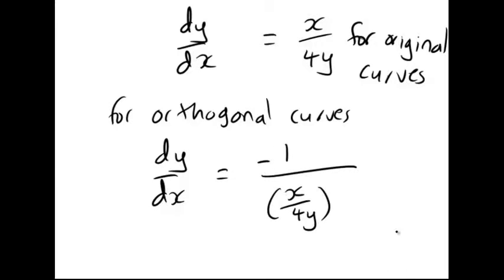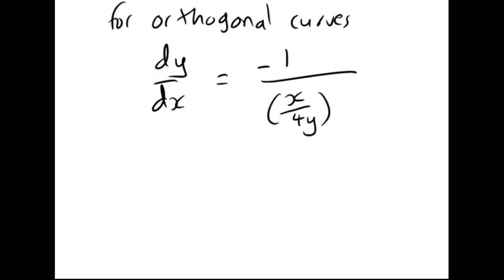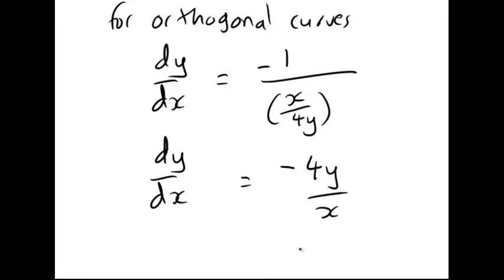And working that out, for the orthogonal curves, dy dx is equal to negative 4y divided by x, which you'll notice is the opposite sign to dy dx for the original curves and is also the reciprocal.